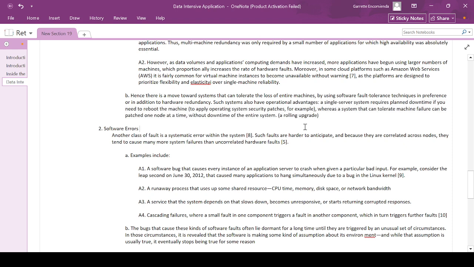It has an advantage because, instead of waiting for an entire machine to go down if you only have one machine, since you're handling it through software, it is more flexible. You can patch one node at a time, or byte at a time, or memory at a time, etc.